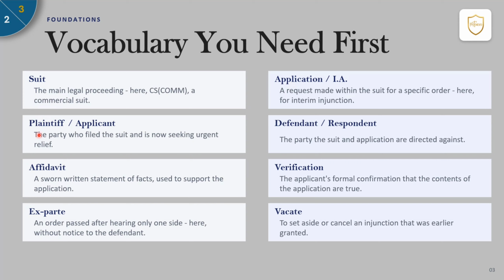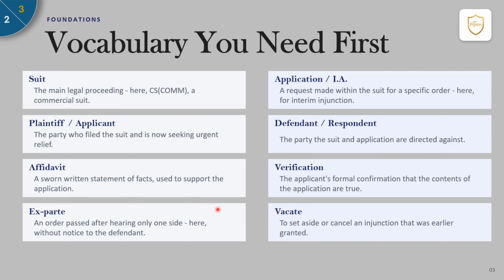The plaintiff or applicant is the party who filed the suit and who is now seeking urgent relief. Same goes for the defendant, against whom the applications are directed. An affidavit is a statement of facts which is used to support the application, and it basically ends with a declaration that everything stated above is true.